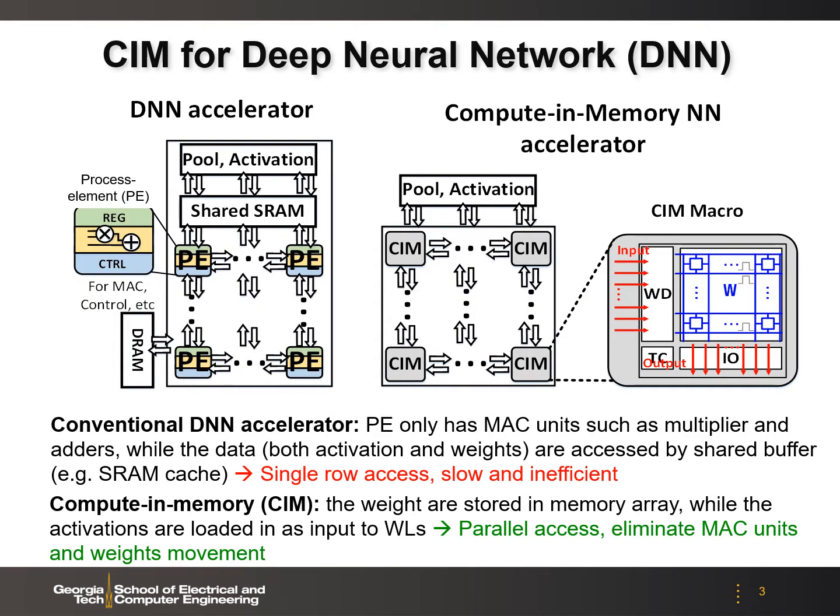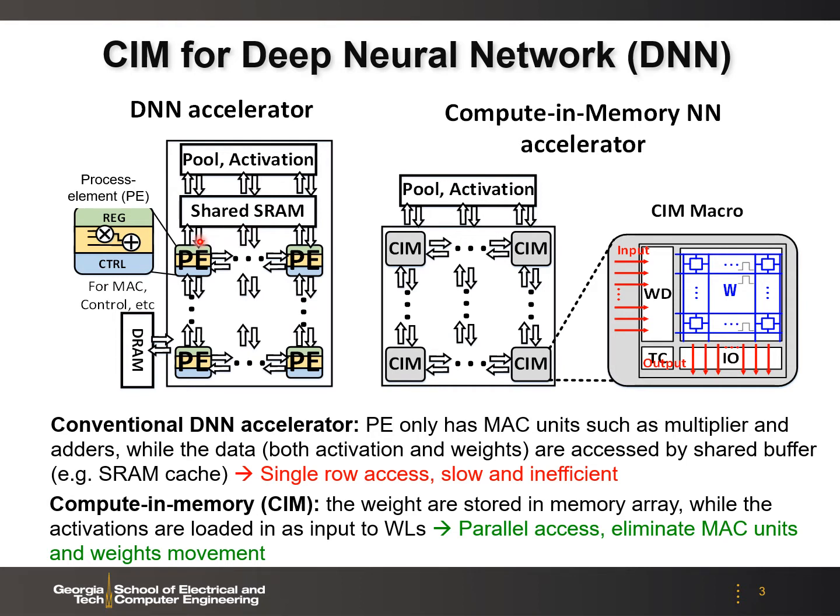Let's take a look at the difference between the conventional digital ASIC accelerators as shown on the left versus the computing memory accelerators shown on the right. The difference is that in the conventional accelerators, both the weights and the activations are stored in the global buffer, like the SRAM cache.